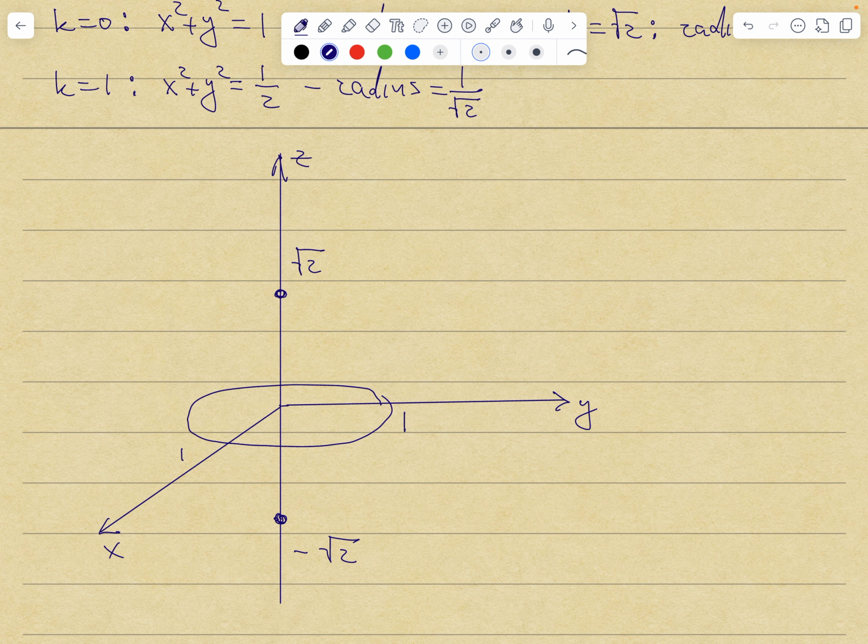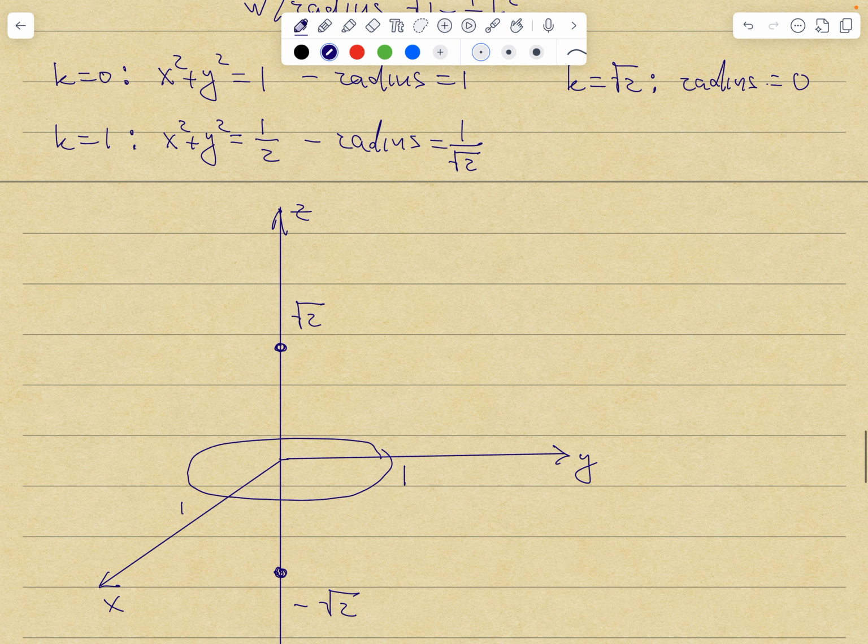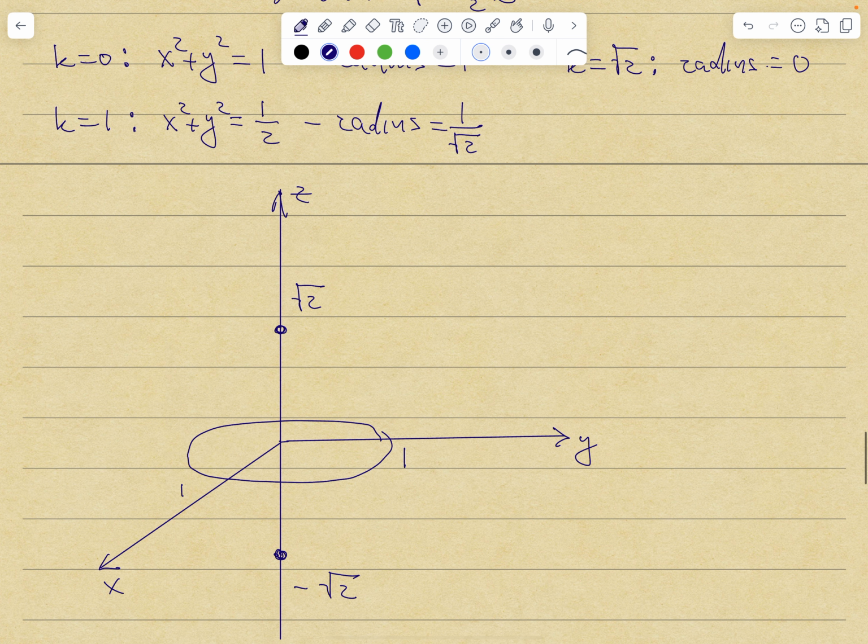Okay, and so now you hopefully see what the shape is going to be. If I am at a level z equal to 1, or k equal to 1, so I'm somewhere here, I see a circle with a radius 1 over square root of 2. That radius is smaller than 1, so it's probably something like this.